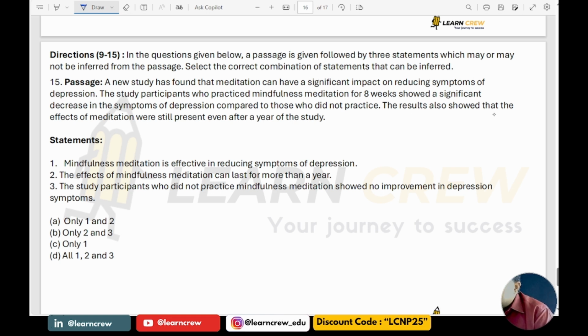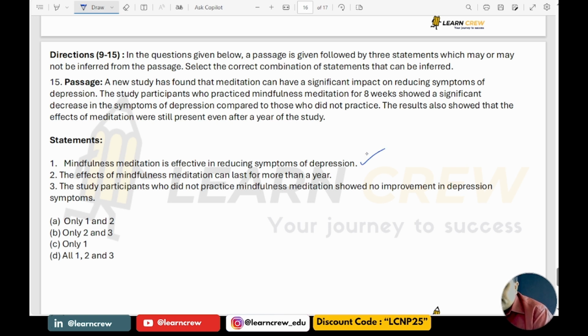The results also showed that the effects of meditation were still present even after a year of study. That's the passage. Now from this, what can be inferred? The first one, if you see, mindfulness meditation is effective in reducing symptoms of depression.